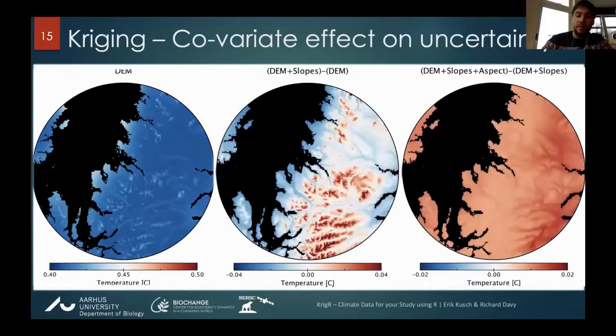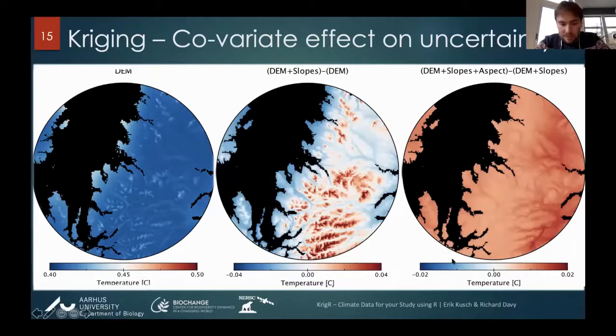So again, if we look at the difference in the uncertainty, in this case, red is an increase in the uncertainty, blue is a decrease in the uncertainty. When we start accounting for slopes as well, we're actually decreasing the uncertainty across the coastal regions, but we're increasing it in the mountainous regions. Whereas when we introduce the slope aspect, we see a universal increase in the uncertainty.